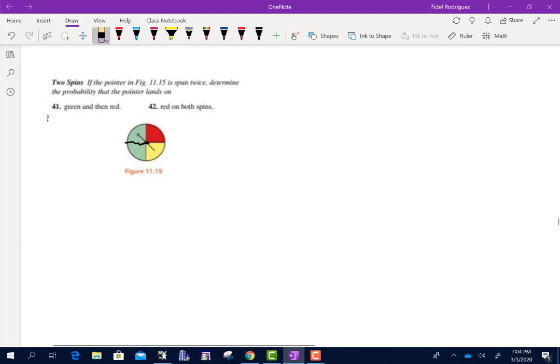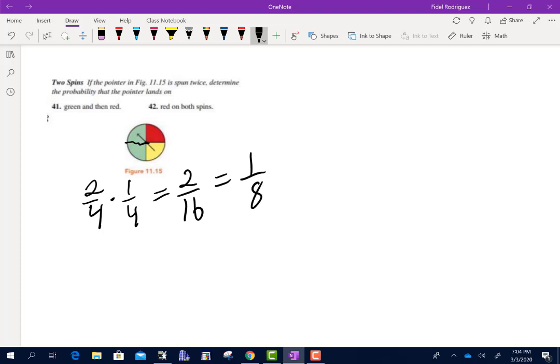My mistake. First green, then red. So first green is going to be 2 out of 4 times the second time, because we're doing this 2 times, my bad. Second time, then red. So how many are red? 1 out of 4, right? And so that's going to give me 2 out of 16, which is the same as 1/8.